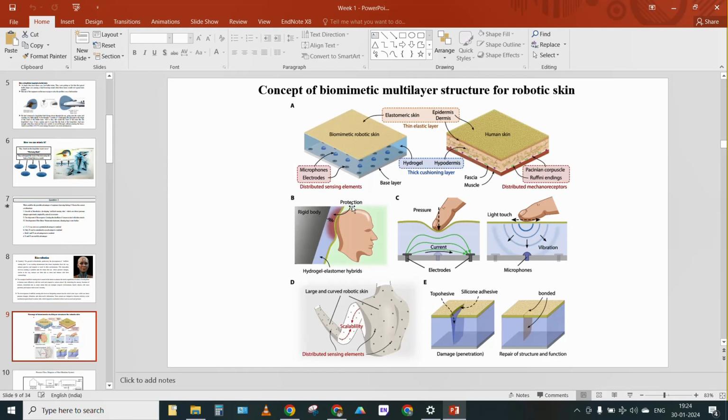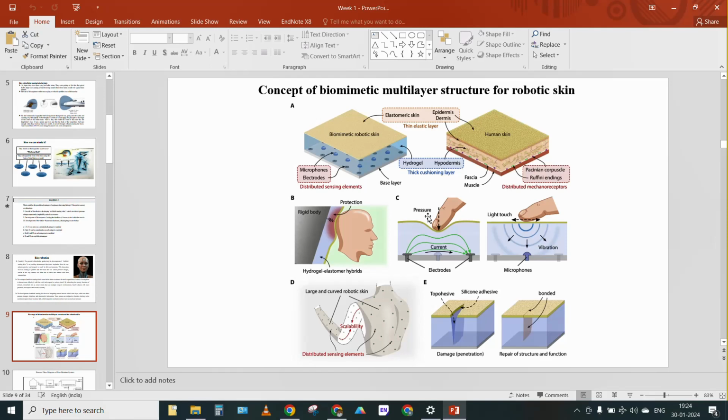In figure B, the multi-layer structure allows the robotic skin to achieve appropriate material properties and dimensions for the protection functions. In diagram C, because the hydrogel layer is compliant and electrically conductive, it can be used as a pressure sensitive material.